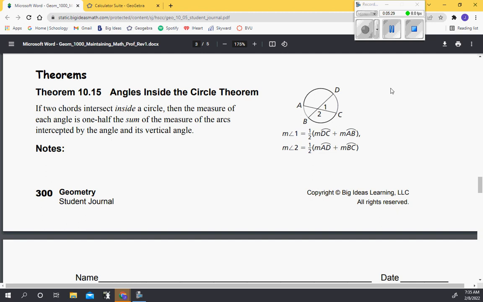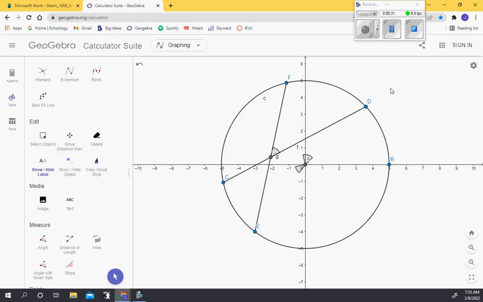And I kind of have that proved here. Here we have two intersecting chords. The measure of this arc is 59 degrees. Okay, the measure of this arc here is 41 degrees.